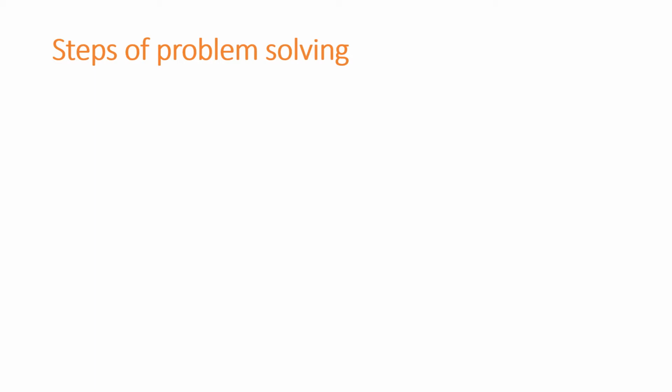So, children, remember there are some steps to find out the answer for problem solving. So, here we have those steps. One by one, we will see. So, first, read. Whenever they give a question, a problem solving question, you have to read that question carefully.